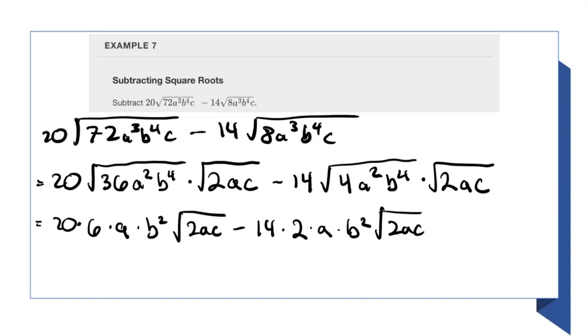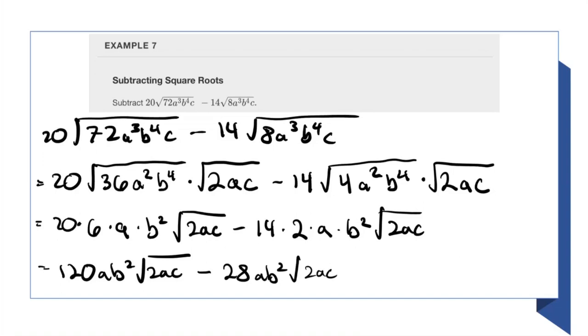If we combine like terms, let's see. 6 times 2 is 12, so that's 120 a b squared times the square root of 2ac. 14 times 2 is 28 a b squared times the square root of 2ac. Okay, so we have like terms.